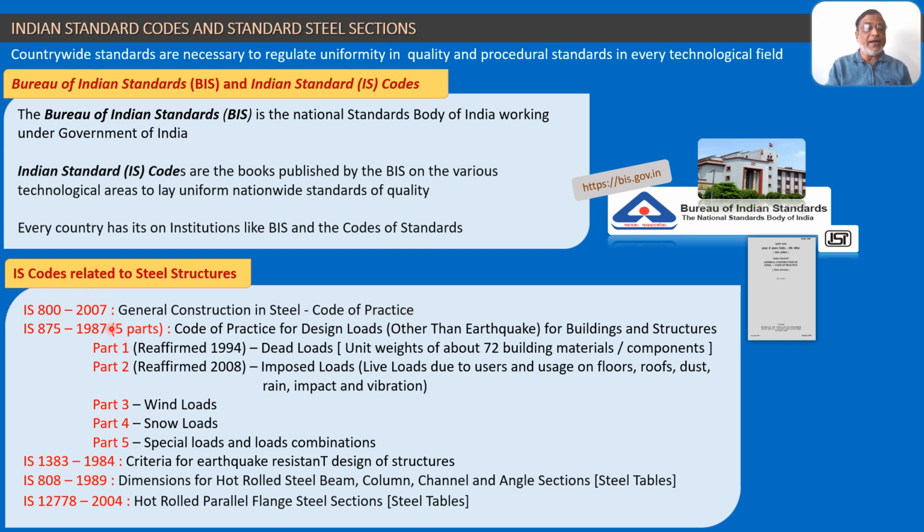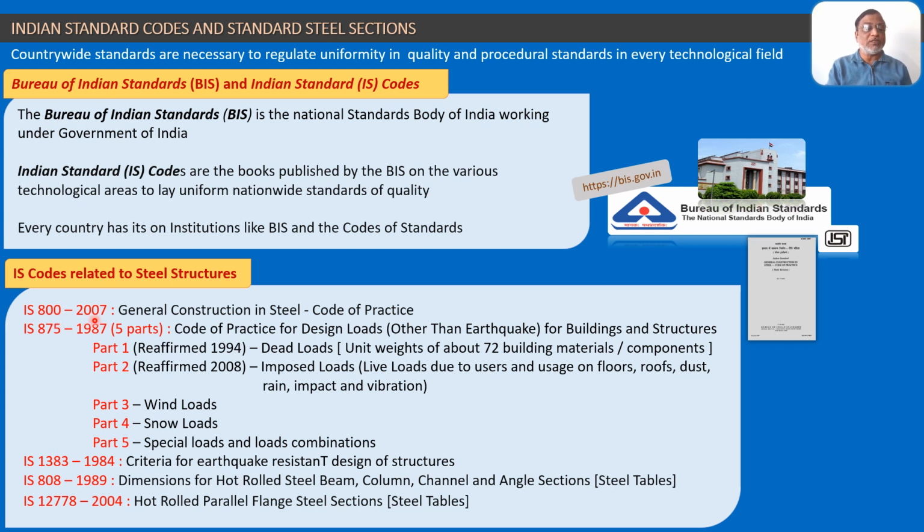If we look at the designation of an IS code, it consists of three parts. IS means Indian Standards. Then there is a number, which is particular to the subject of the IS code. So for steel structures we use IS 800, and next to that there is the year of publication.